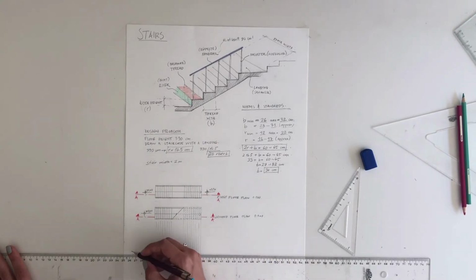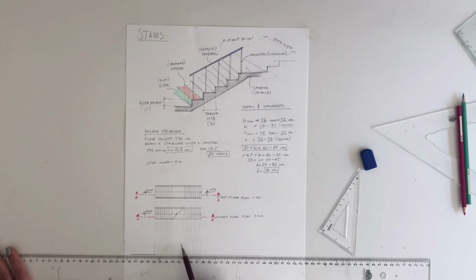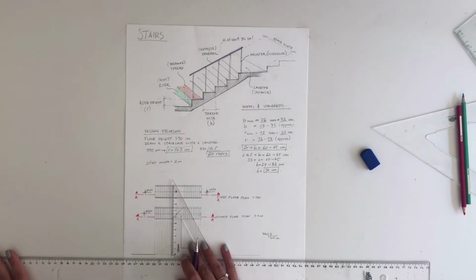Secondly, let's draw my floors. This is 0,0. And here I know that my landing is in the middle, so let's divide the floor height in 2. So I found it as 165 centimeters.